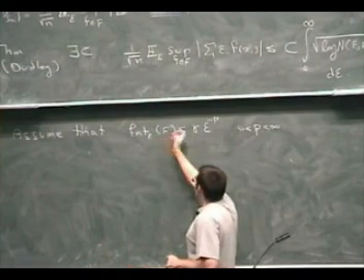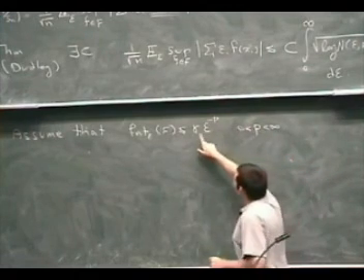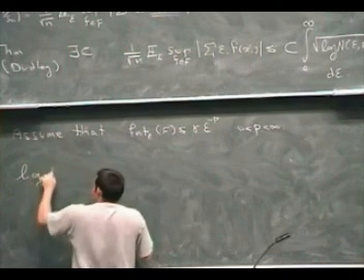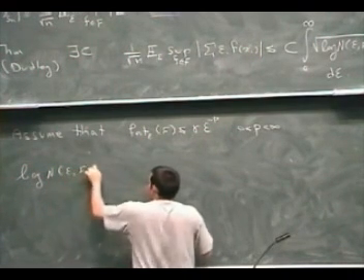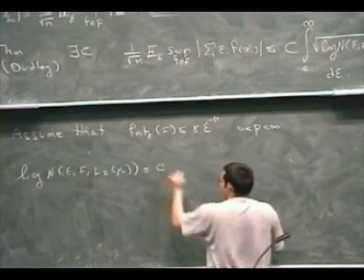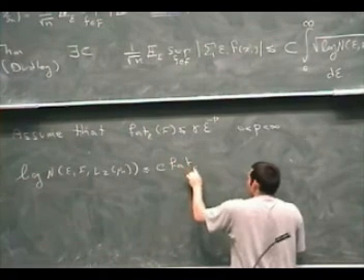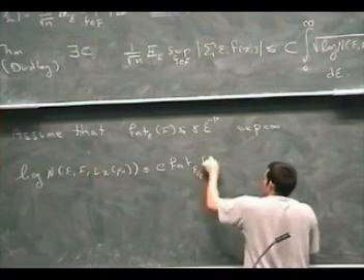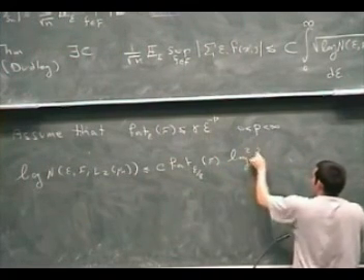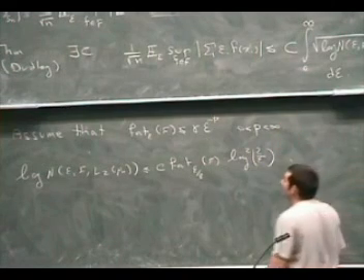If you look at 1 over x to the power q, this integral diverges near 0 if q is greater than 1, and here I take the square root, so instead of p I'll have p over 2. So as long as p over 2 is smaller than 1, you're fine, which means as long as p is less than 2, you're fine. So Dudley's entropy bound will work in this case only for p smaller than 2. For p greater or equal than 2, you need some different approach.